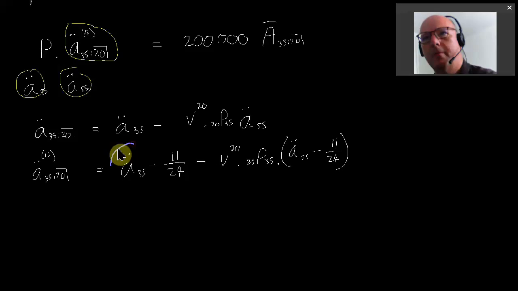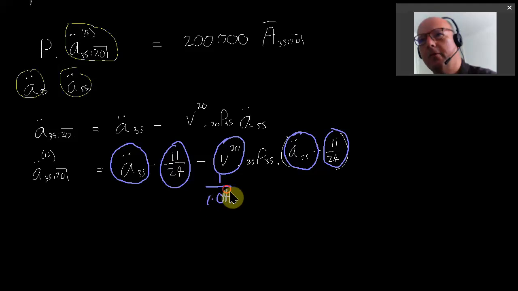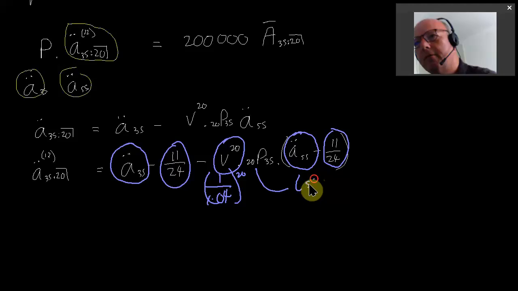I can look up ä35, I can look up ä55, obviously I can calculate that, I can calculate that, because it's just 1 over 1.04 to the power of 20, and this is l55 over l35. Okay, which I can look up.